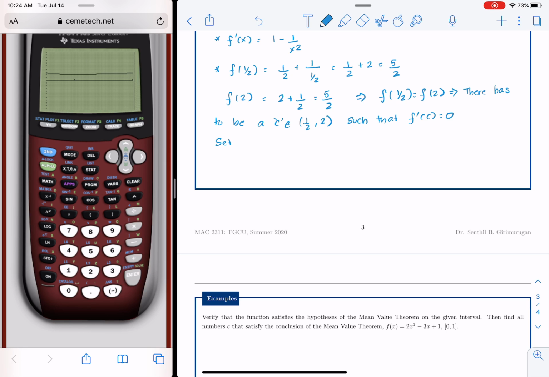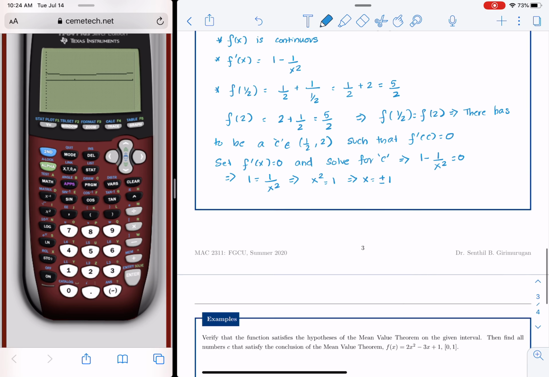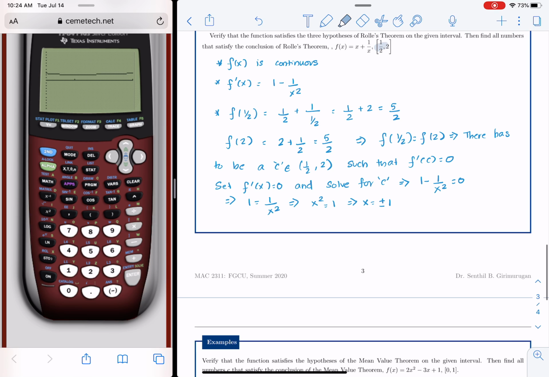So set f prime of x equal to 0 and solve for c, which would mean 1 minus 1 over x squared equals 0. So 1 would be equal to 1 over x squared, so x squared equals 1, which means x is equal to plus or minus 1. We can ignore -1 because it's outside the interval that I have, which is 1/2 to 2. So the number c is simply 1.